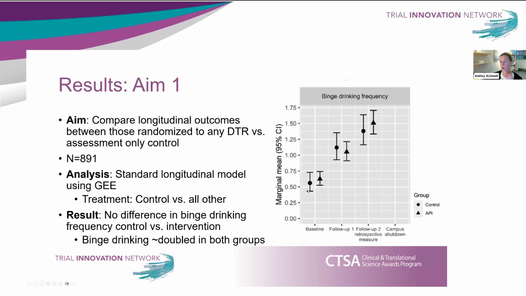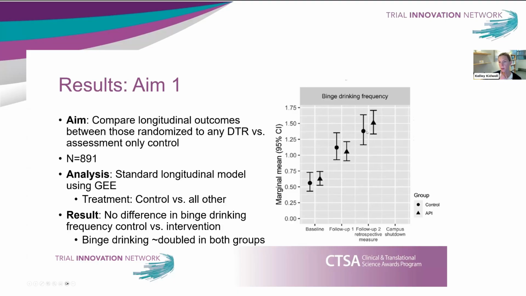And then they show the estimates of the proportion of, actually, I think their outcome ended up being a ratio of ratios, which isn't the most clear, but they're showing that between the two groups at baseline, the control is a circle and the treatment or any DTR is a triangle.